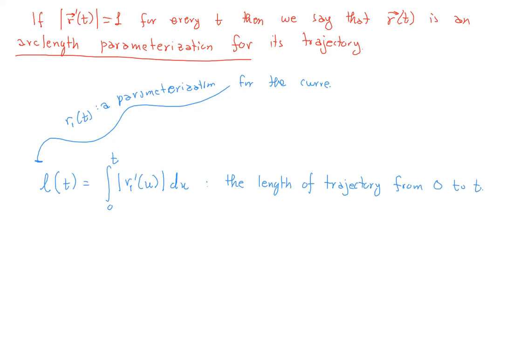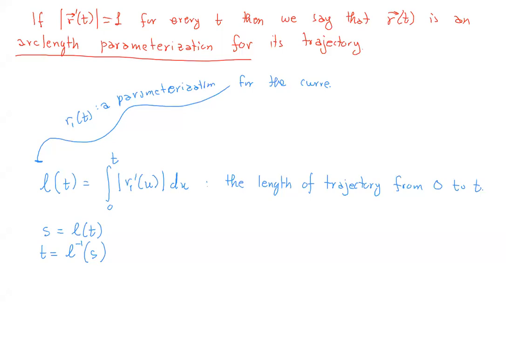So the length becomes a function of t. What we're supposed to do is take t as the inverse function of the length.